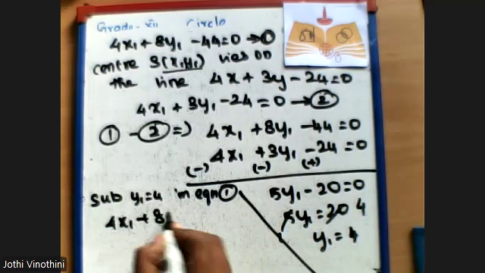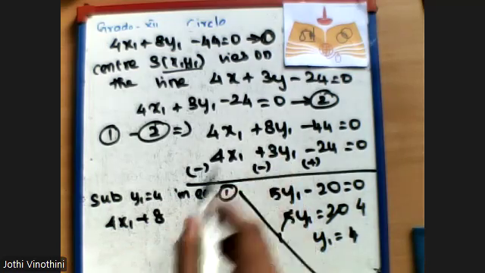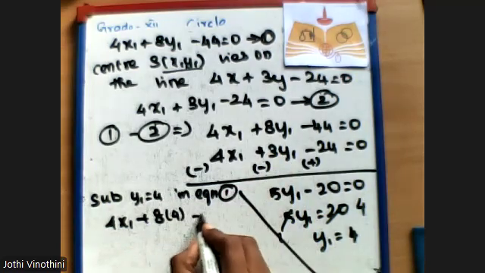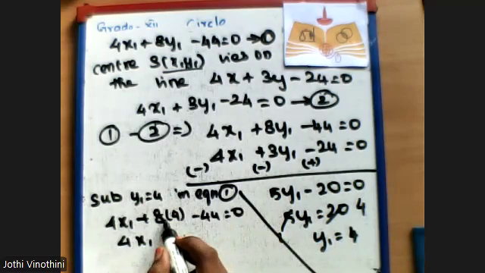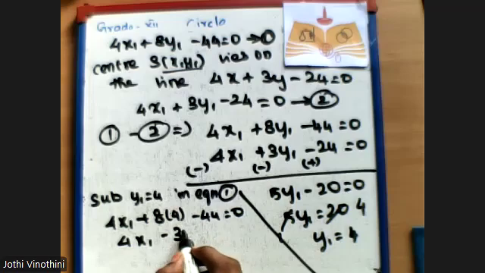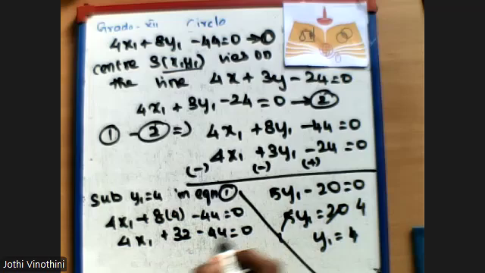What is equation 1? 4x1 plus 8y1. For y1 we have 4, minus 44 equals 0. 4x1 plus, 8 4s are 32. Sorry, it's plus 32, minus 44 equals 0. 4x1 minus 12 equals 0. I'm going to take this 12 this side.